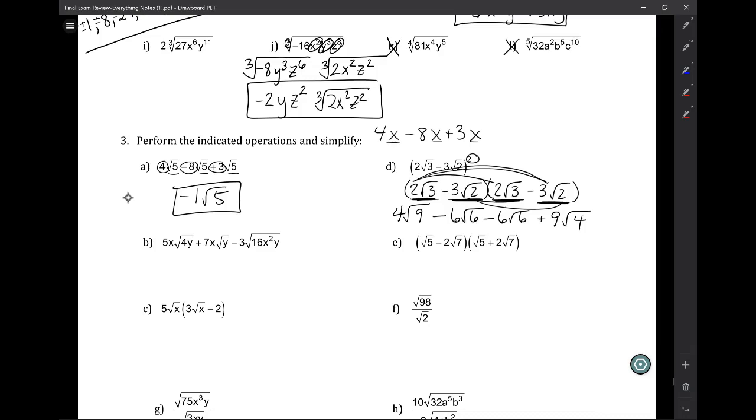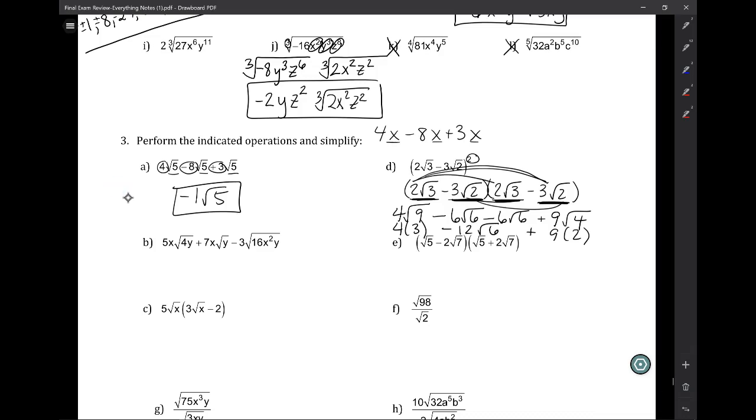Now there's definitely some cleaning up that I can do here because I noticed some perfect squares. 9 is a perfect square and 4 is a perfect square. So over here I have 4 times 3. Over here I have 9 times 2. And in the middle I can combine like terms, just like we talked about on letter A, so minus 12 radical 6.